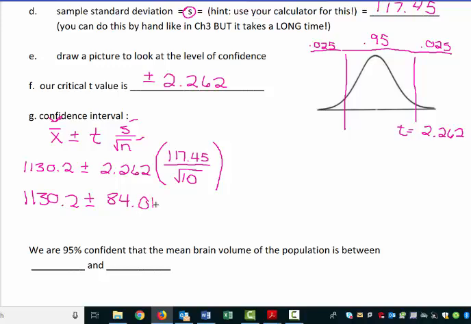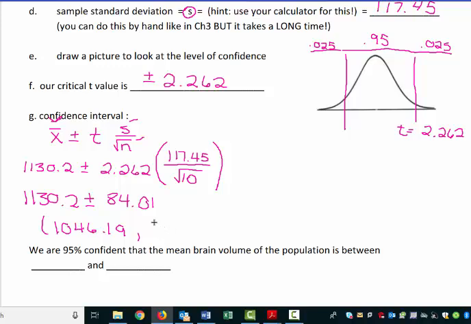84.01. Okay, so just like we did in proportion, you take the 1130.2 number plus 84.01, and then that same number minus 84.01. And when you do that, the bottom number is going to be 1046.19.